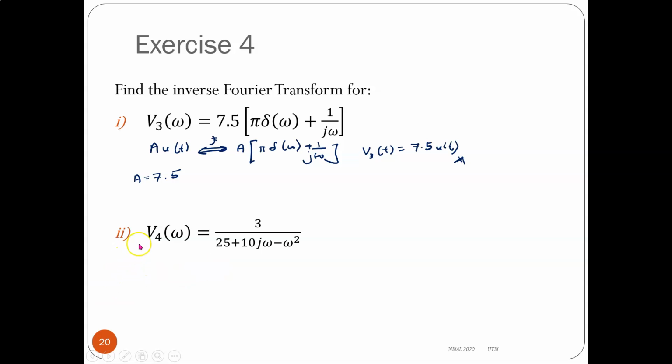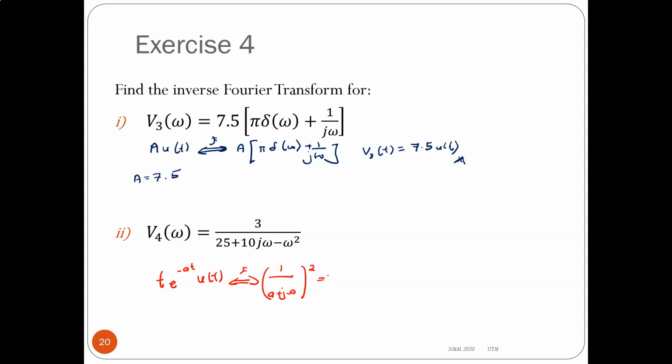Now we move to V4, which is given as 3 divided by 25 plus 10 j omega minus omega squared. From the table, I found there is one time domain function, t exponent negative at u(t), which has the Fourier transform pair given as 1 over (a plus j omega) squared.